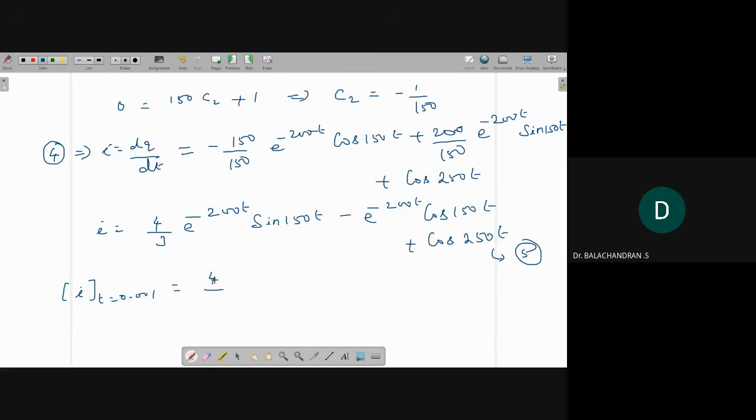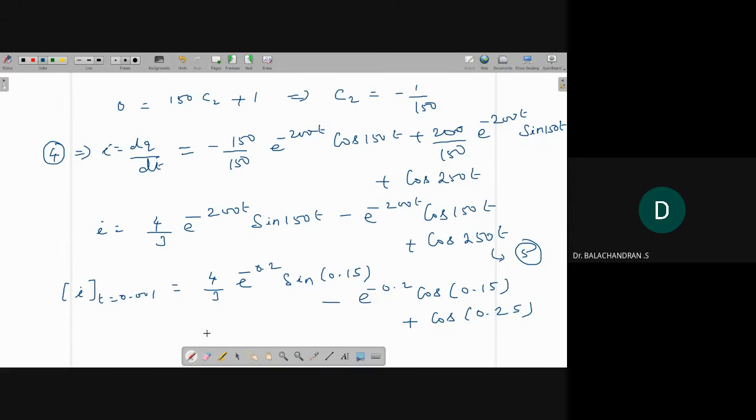So 4 by 3 into e power minus 200 into, directly multiply, 200 by 1000, that is 0.2, into sine 150 divided by 1000 is 0.15, minus e power minus 0.2 cos 0.15 and plus cos 0.25.